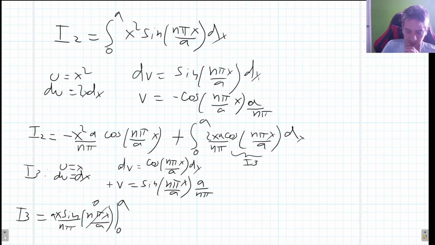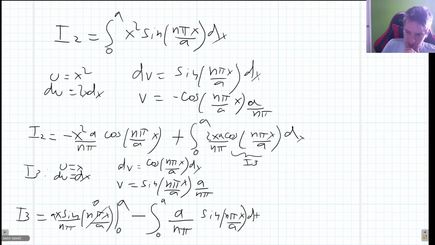So we are left with the second one, which is just minus the integral from 0 to a of a divided by n pi sine of n pi x over a dx.